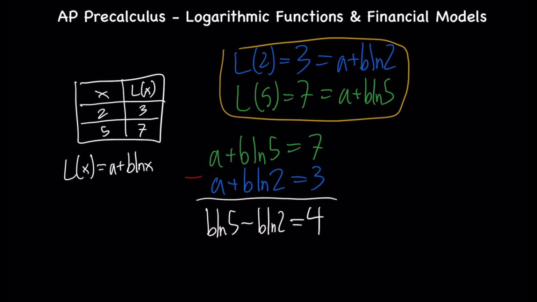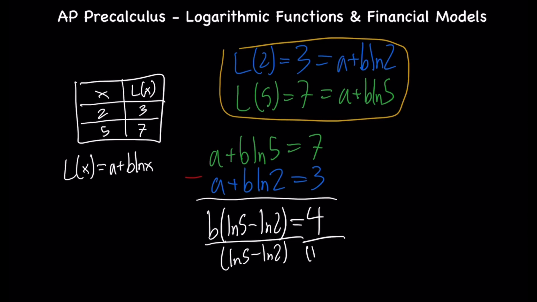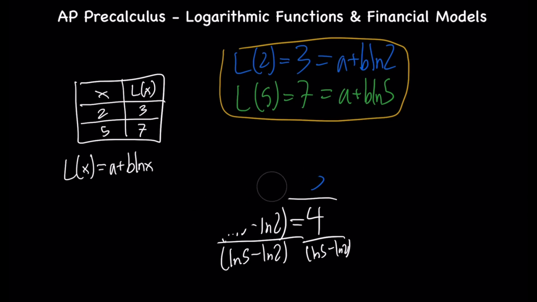What you can do here is factor out the B from ln 5 and ln 2. Then you can kind of see where this is going. You're just going to divide on both sides, and then you can rewrite your equation from there.